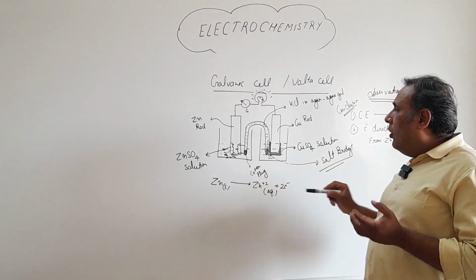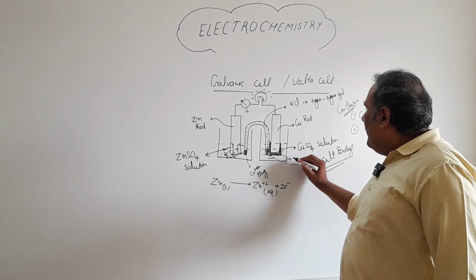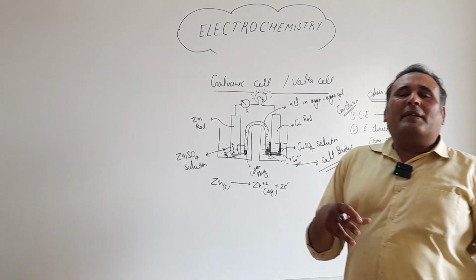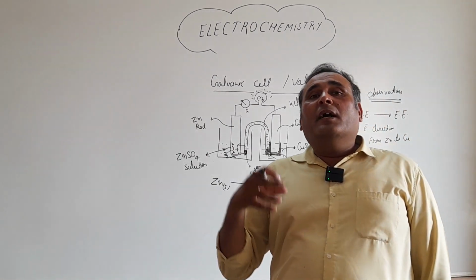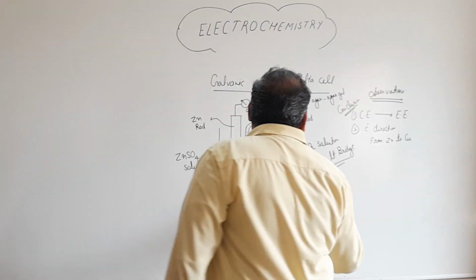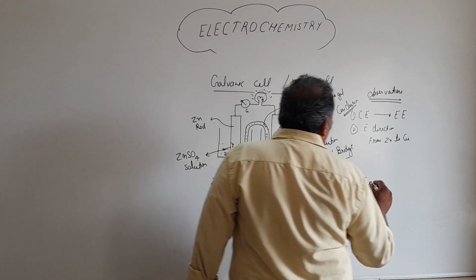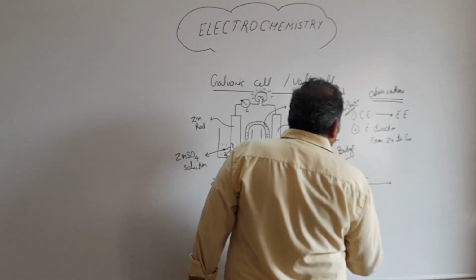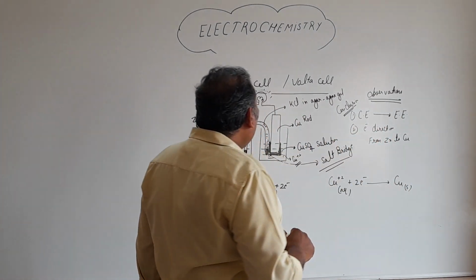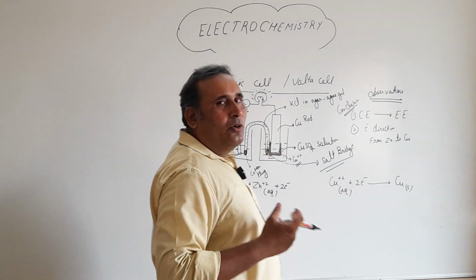In the copper sulfate solution, Cu2+ ions are already present. So these Cu2+ ions will gain these 2 electrons and get converted into Cu solid. And this Cu solid will deposit on this copper rod.